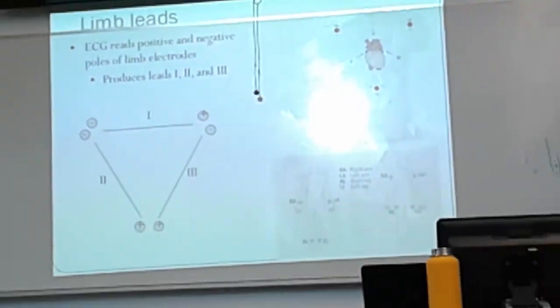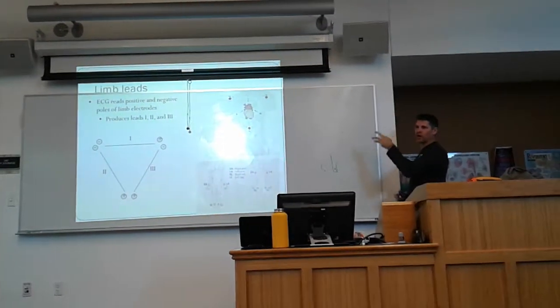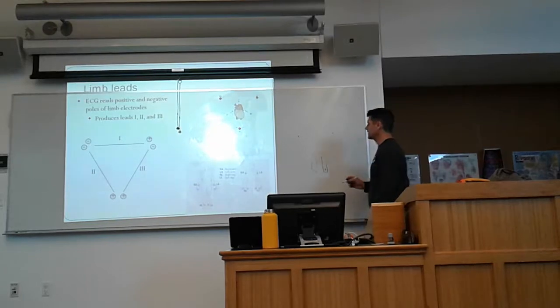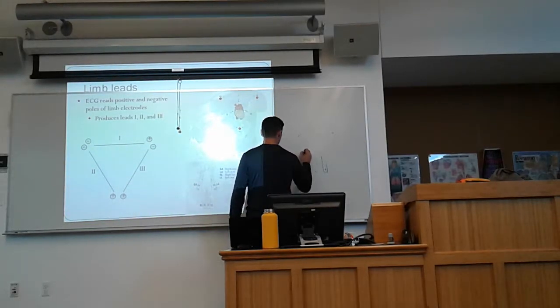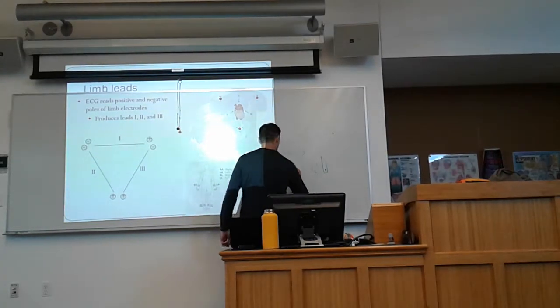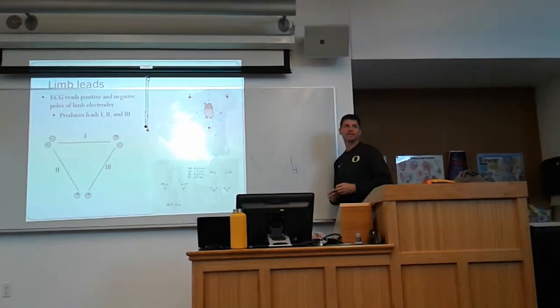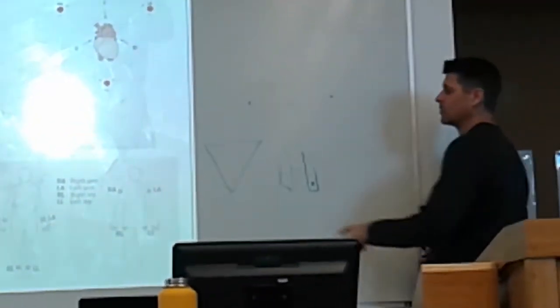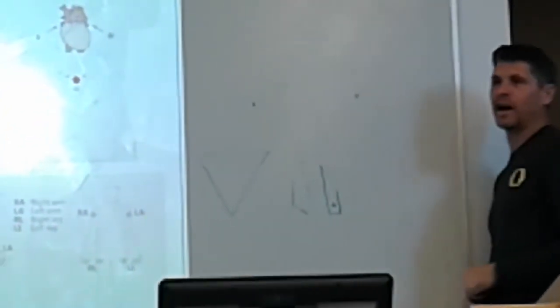What that creates, based on the anatomy of the heart, where the heart is actually located, is an equilateral triangle. Y'all know what an equilateral triangle is, right? All sides are equal. An equilateral triangle with the point at the bottom.